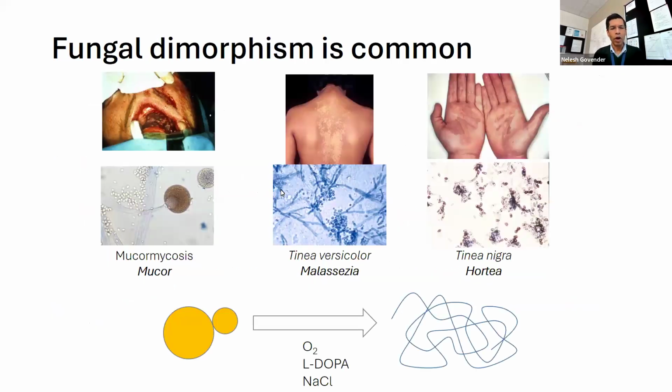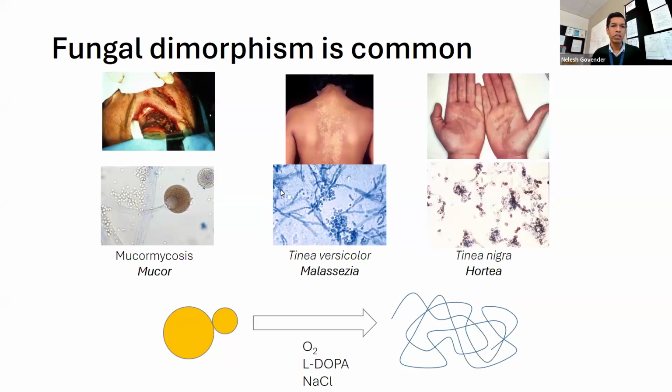Okay, so let's take one step back and talk about fungal dimorphism. Fungal dimorphism is a really interesting topic. Actually, many fungi have the ability to transform from one form to another, and the triggers for that transformation really vary. So many of you will know the fungal genus Mucor, which causes mucormycosis.